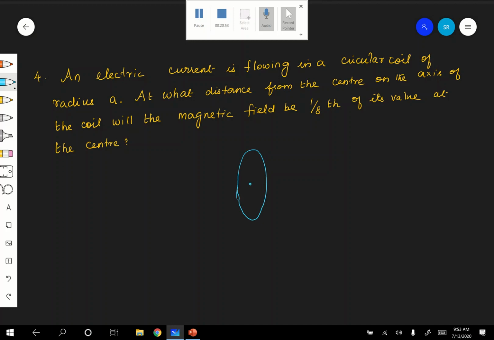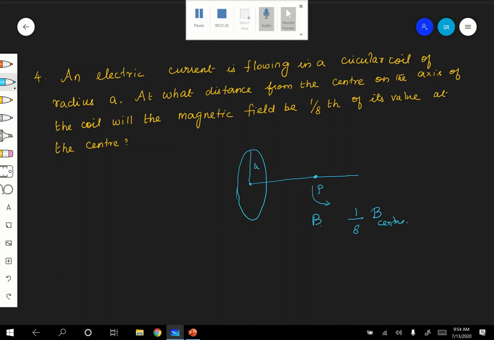And the radius is given as A. Therefore you have to find out at what distance this is the point where the field will be 1/8 of the field at the center.